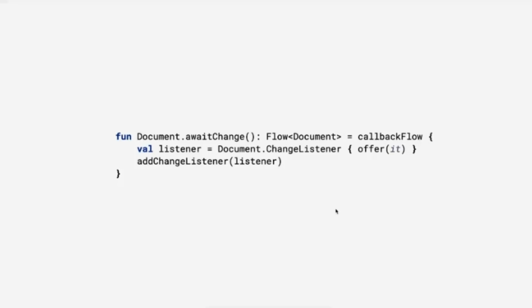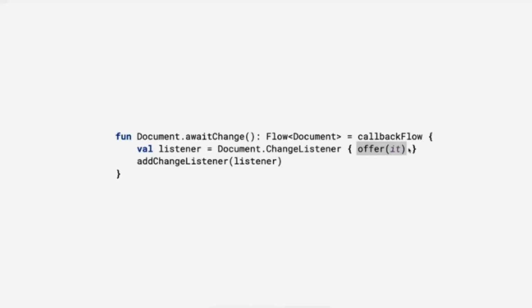Here, whenever there is a change in the document, you can tell Flow that here I am offering a new value to you. Basically, it's kind of like the emit function, but it's a bit different because it uses a channel. Let's not talk about channels now. But in general, this will tell Flow that here is the new value, update yourself.